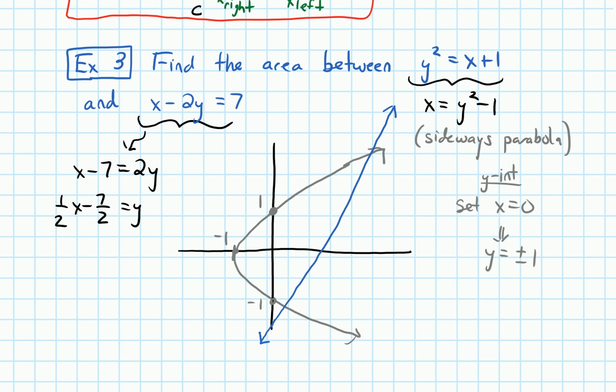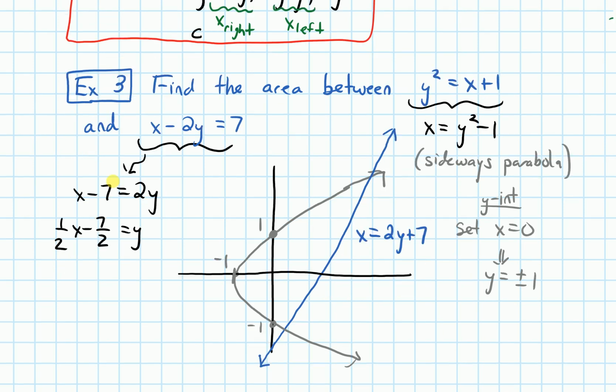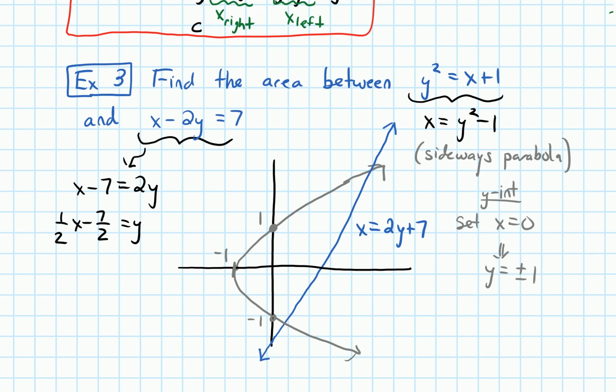Okay, so in this line equation, let's also isolate x. If we were to isolate the x, we'd get x equals 2y plus 7. And that's going to be my right function. And in the parabola equation, we had already isolated the x. We got x equals y squared minus 1.